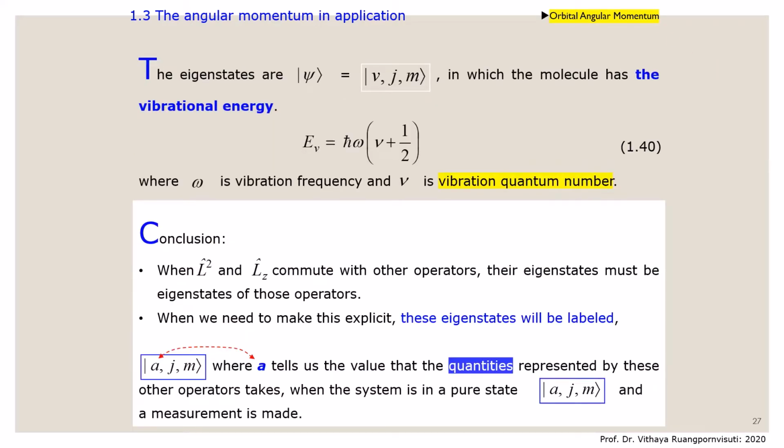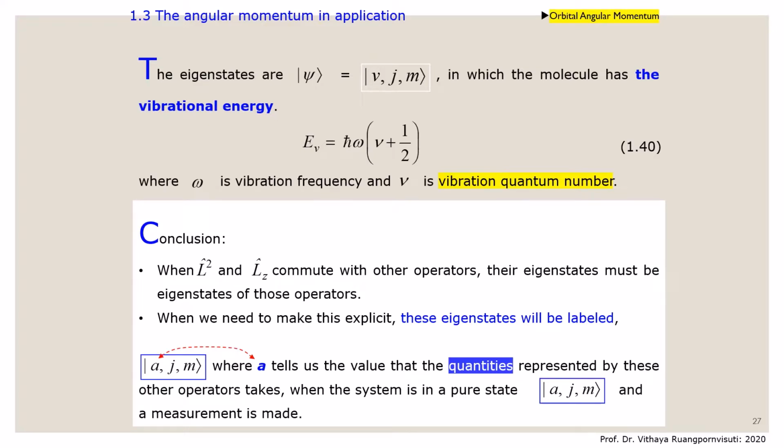In the case of the diatomic molecule, the vibrational energy can be solved using the eigenstate psi equal to the function nu j m.